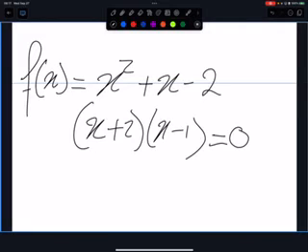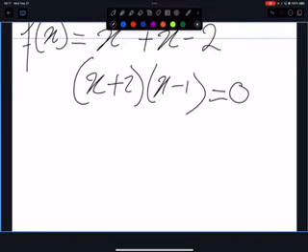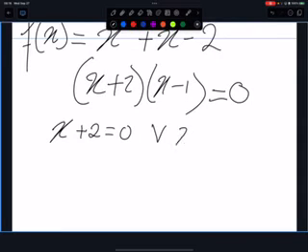But how do I know to get to that answer? Teacher, easy. You just said x plus 2. Either that is 0, that's what you said, and I agree. And this symbol means or, V, or, that means or this x minus 1 has to be 0, which I also agree with.